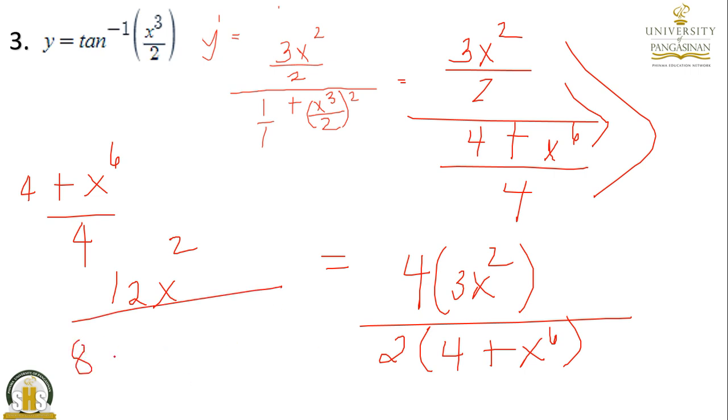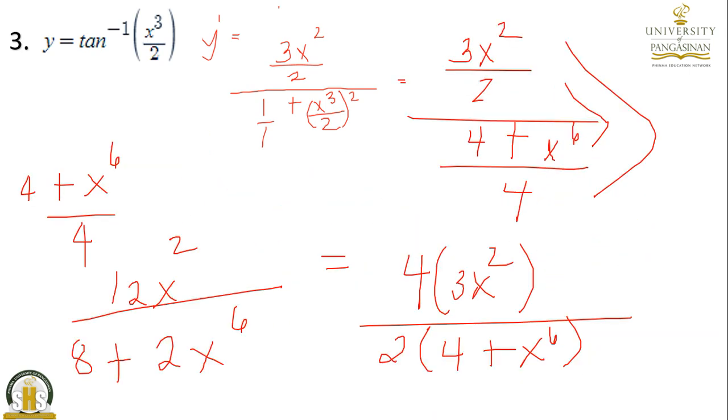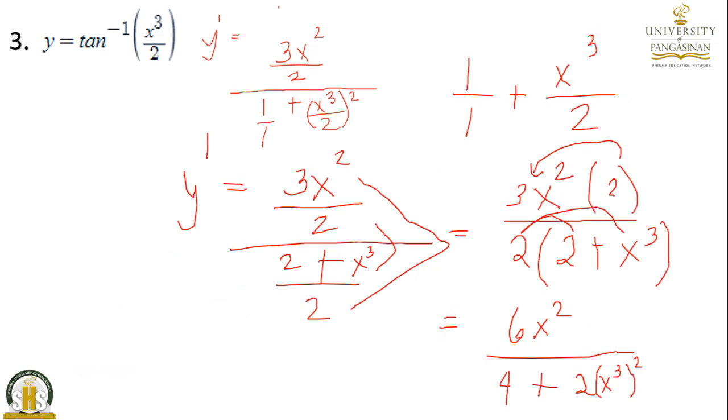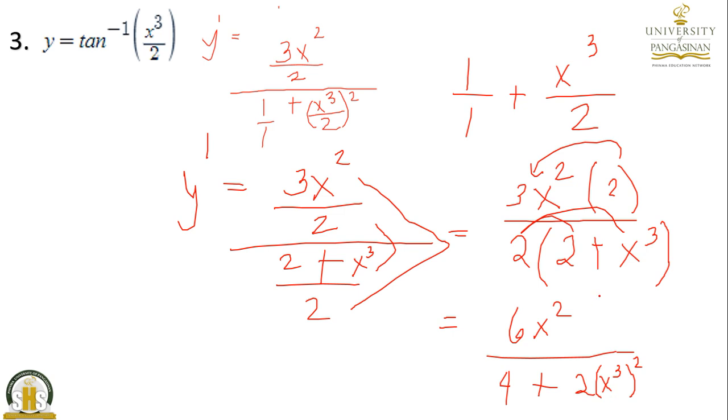Then this is 8 plus 2x to the 6 power. So, hindi siya parehas. Ang nakuha natin kanina is 6x squared all over 4 plus 2x cubed. Oh, I see.